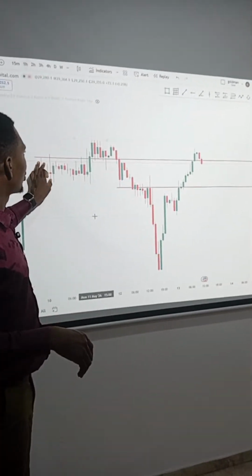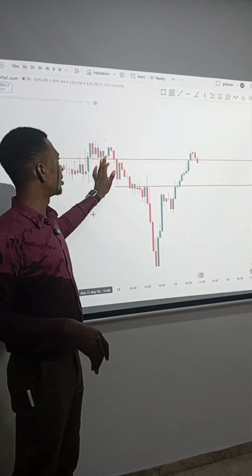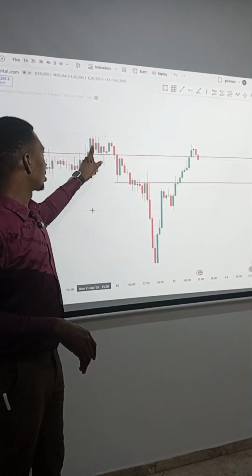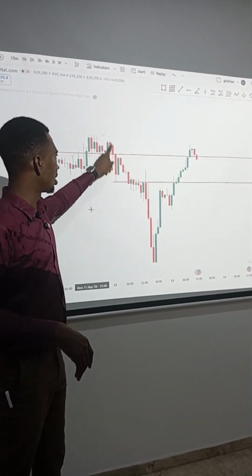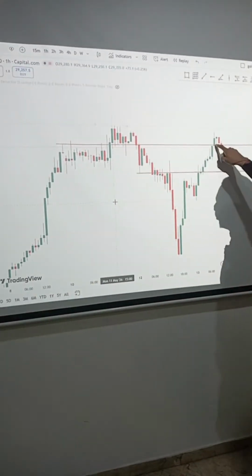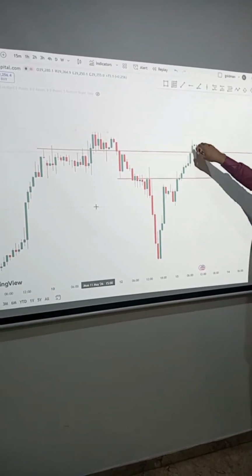So we can see this level here that has been tested multiple times, right? And then the market dropped here, came here, bought from here, then finally dropped here. So currently the market has gone back to this level. So there's a high chance that this level can hold.